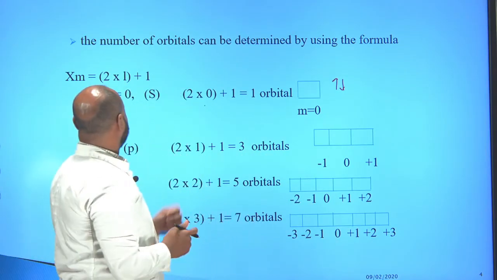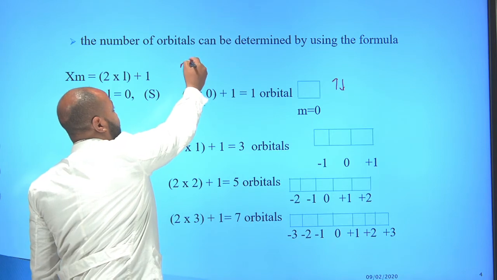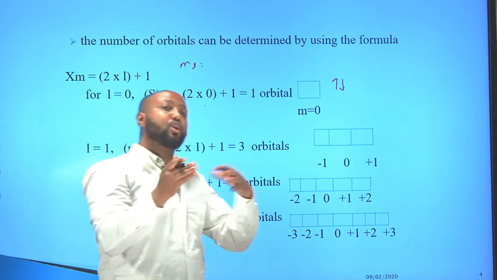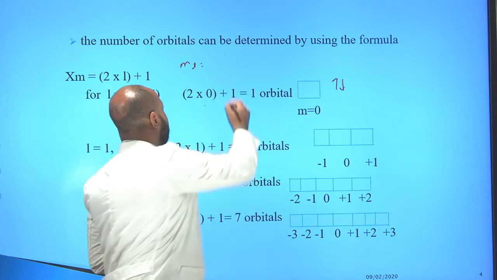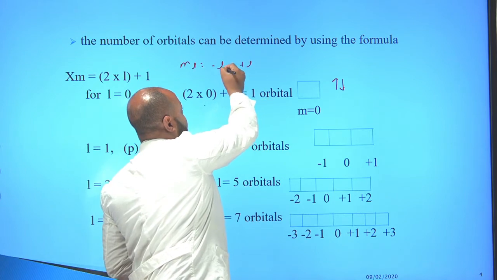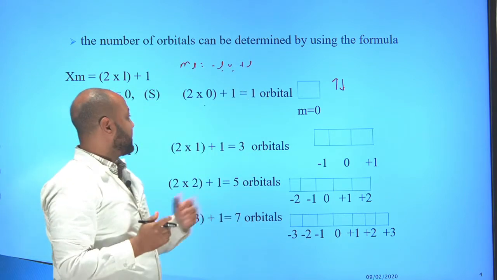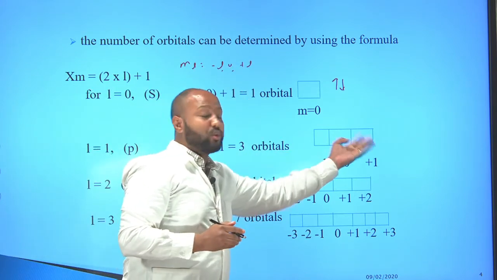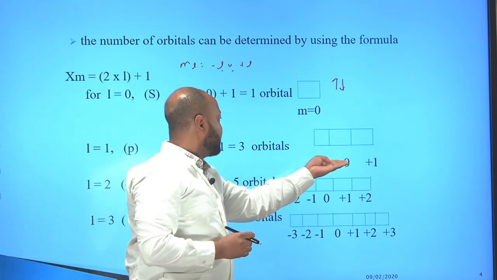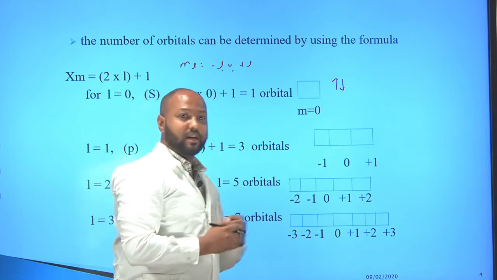The third quantum number, ML, tells us the orientation of these orbitals. Its value is from minus L, 0, up to plus L, which tells us the orientation of the orbitals. As you see, P has 3 ML values.